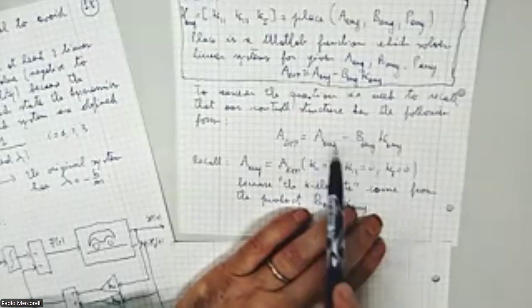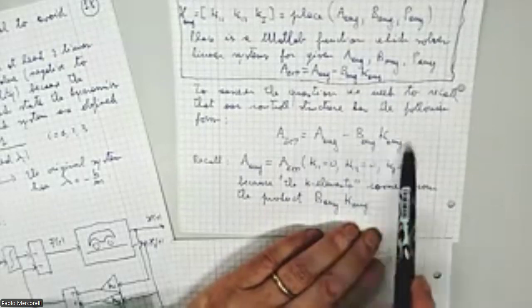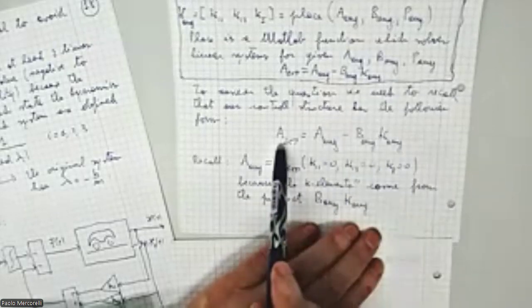What about A augmented, which we can see also here, and B augmented and K augmented? If you remember what I told you in the context of the state space controller, this matrix here, which is the transition matrix of the controlled system, can be seen, because this is parameterized, as a combination of an augmented matrix, which must be defined, minus B augmented multiplied by K augmented. Now, in this expression, we know what A extended is.